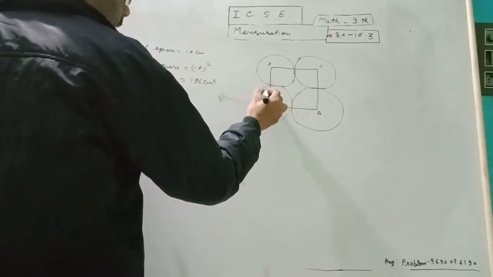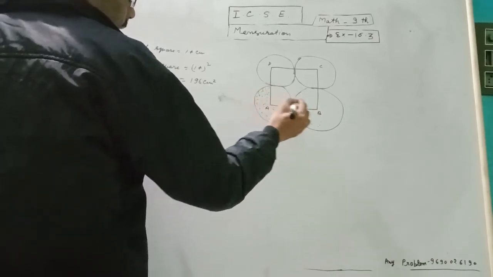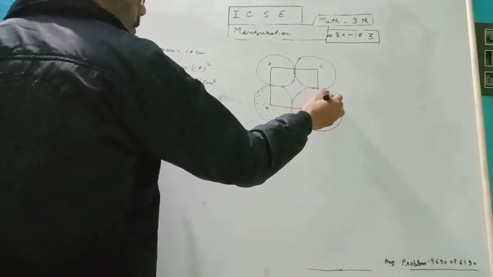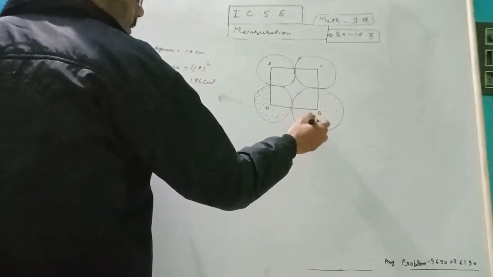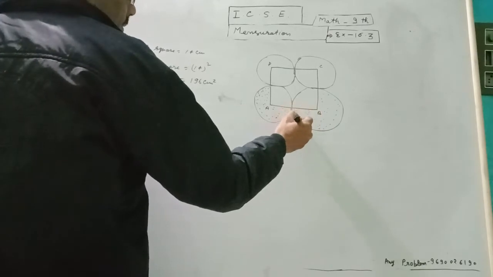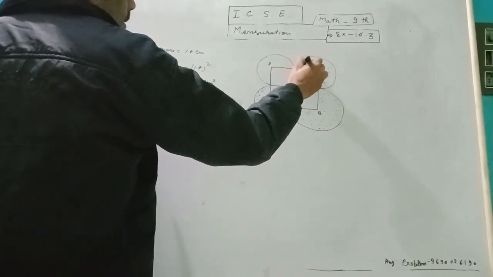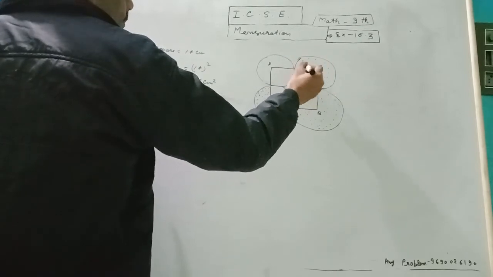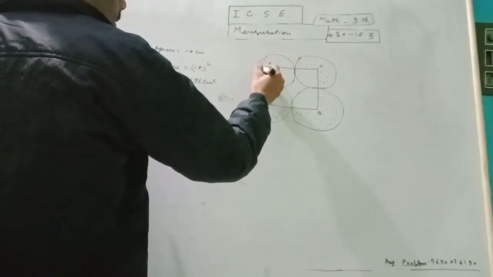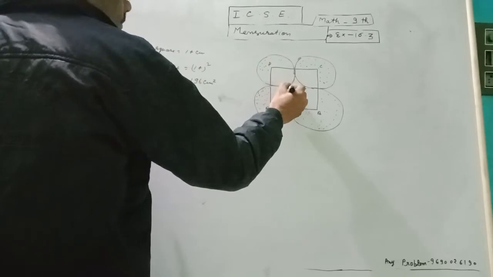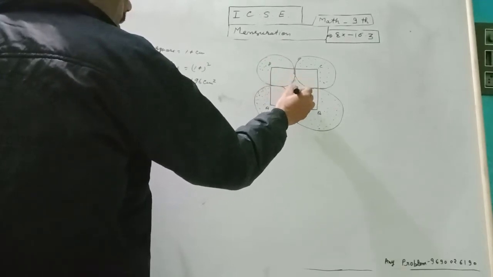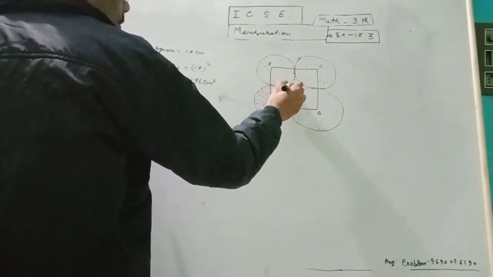In one circle, 3 upon 4 part is shaded and 1 upon 4 part is unshaded. 3 upon 4 part is shaded of one circle.